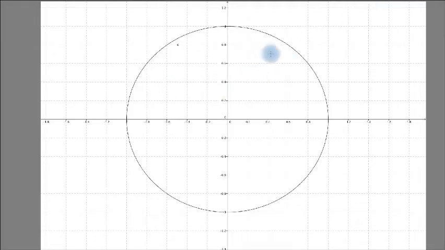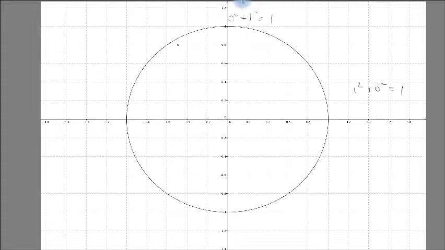It's the equation or the rule of a circle. So at this point you've got x being 1, y being 0. So 1 squared plus 0 squared equals 1. Over here it's 0 squared plus 1 squared equals 1. You can choose any point and you'll find that the rule does actually work.